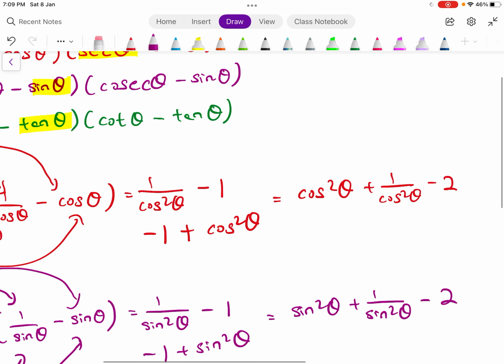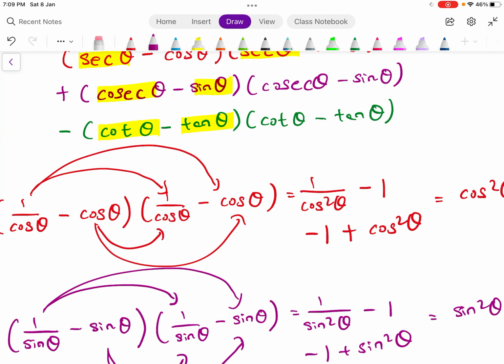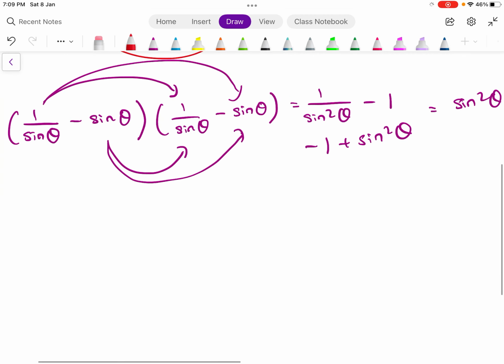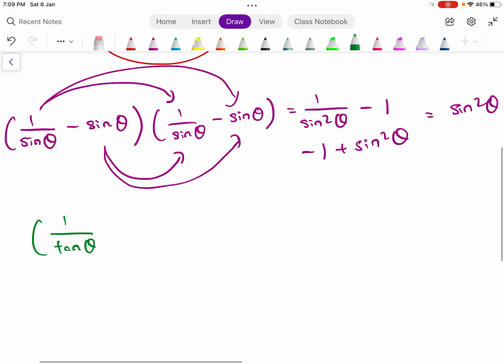I move on to the green color part, which is the tangent. Maybe I ignore the minus sign right here first and just do my expansion. So 1 over tangent theta minus tangent theta, bracket square.